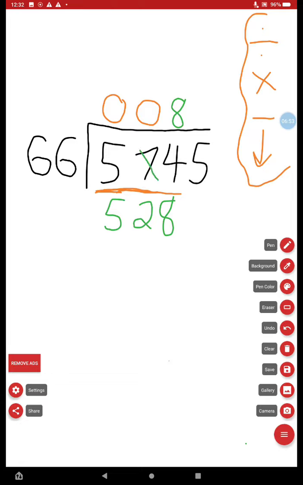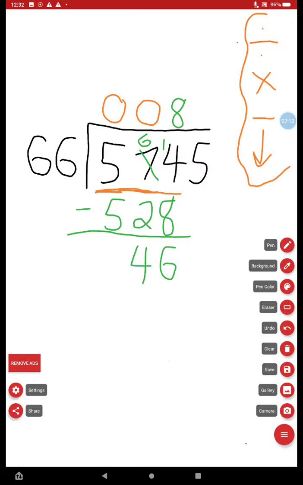Borrow from the 7, 7 becomes 6, 4 becomes 14. 14 subtract 8 is 6. 6 subtract 2 is, whoops, I forgot to write my subtraction bar. There we go. 6 subtract 2 is 4.